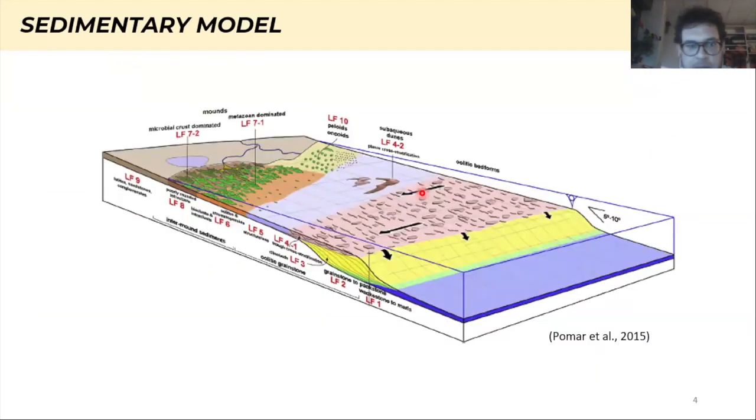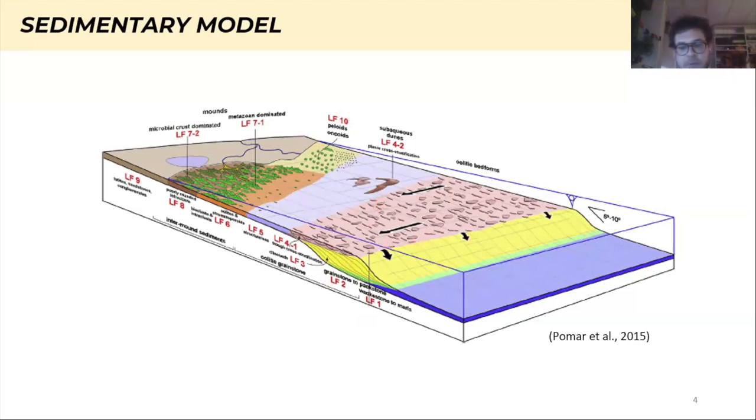So, the evolutionary model, the architecture of the sedimentary model, is shown in this figure taken from Pomar et al. The depositional model is based on the architecture of the Pozel formation and represents how an infralittoral prograding wedge system develops during carbonate sedimentation. Again, in red, the 10 lithofacies composing the sedimentary model.